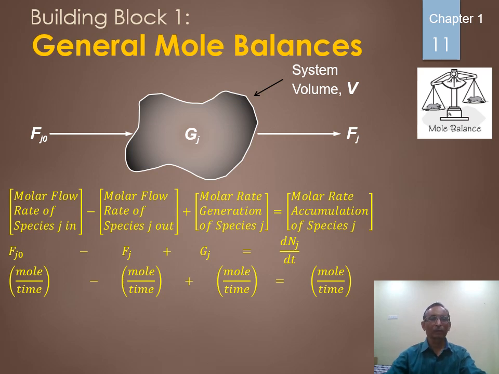That is the molar flow rate of species J in, the inlet molar flow rate of species J. Now you understand the meaning of the species. You can mention A also, you can mention J also, as per your convenience. Then species J out, that is Fj, the molar flow rate of species J out, denoted by the symbol Fj.